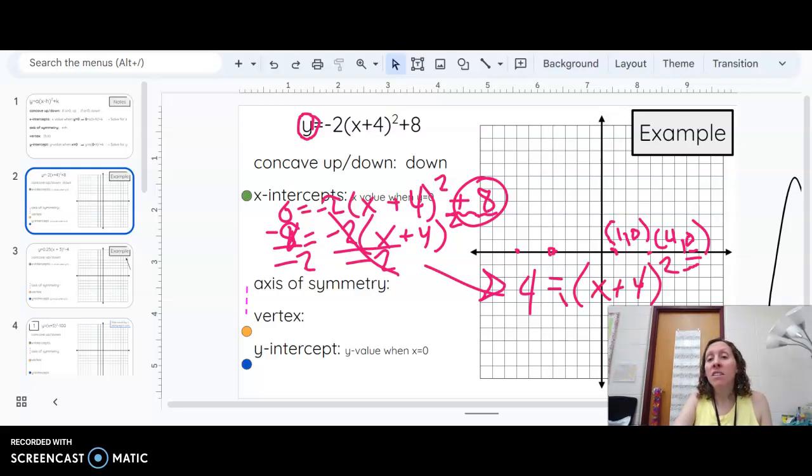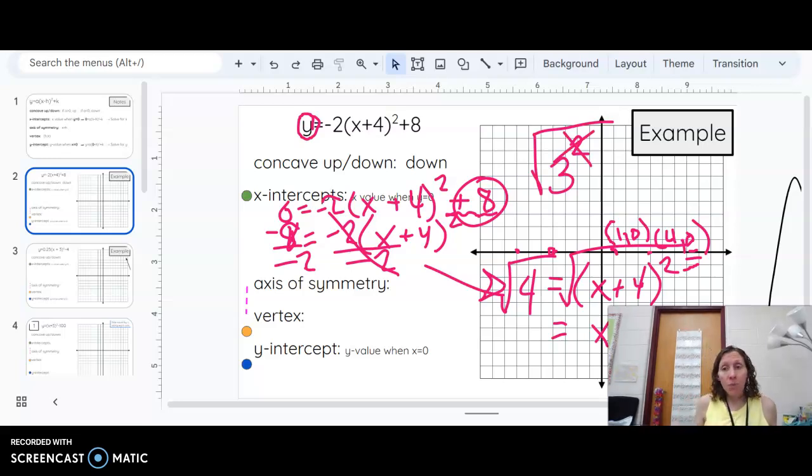We can unsquare it by taking the square root. That will leave us with just x plus 4 over here. If you're kind of confused by that, let's say we have 3 squared and then the square root. 3 squared is 9, and the square root of 9 is 3. So you can kind of just get rid of the 2.